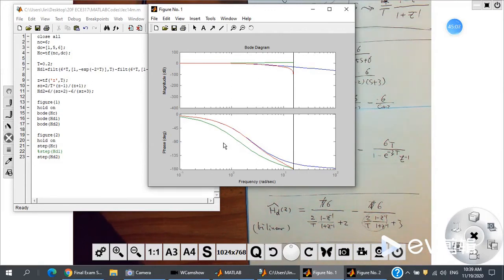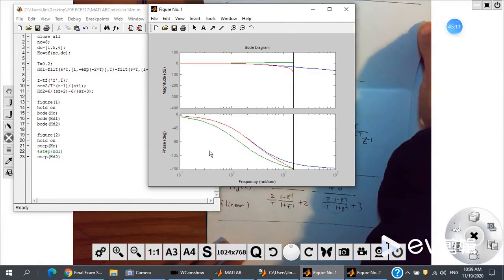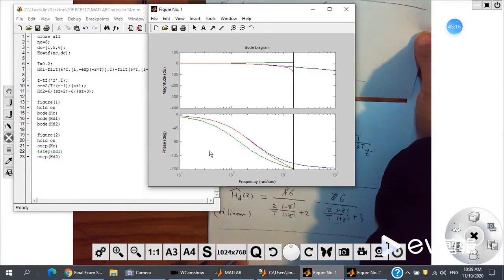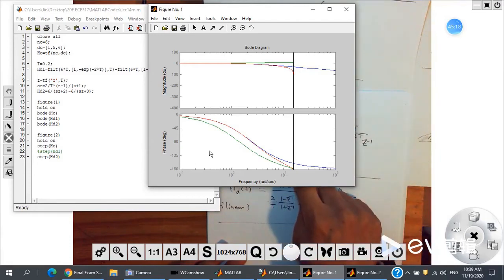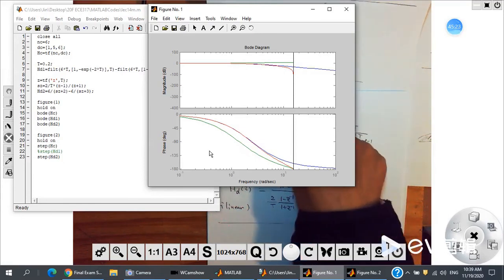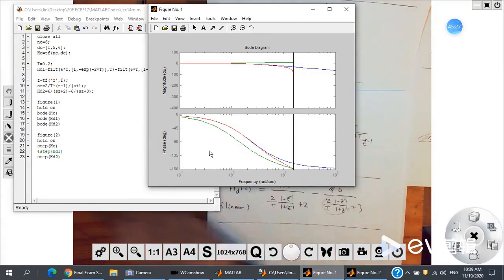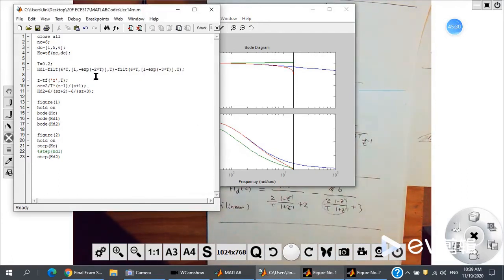And the green one, oh, do I have some mistake in the green one? Green one is this one, right? We have a step 6 e to the negative 3t, 1 minus e to the negative 2t, and 1 minus e to the, oh, here, yeah, that's this one.